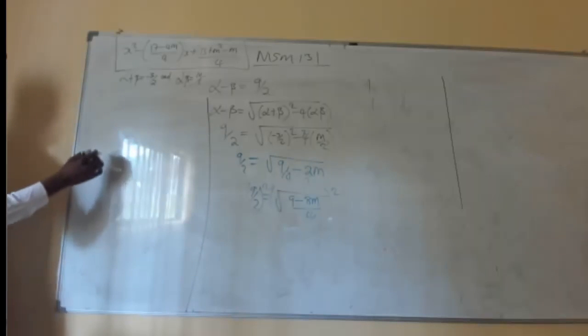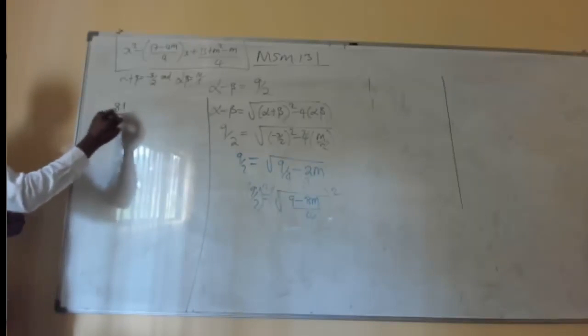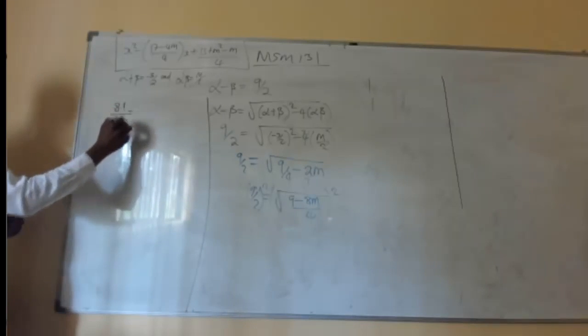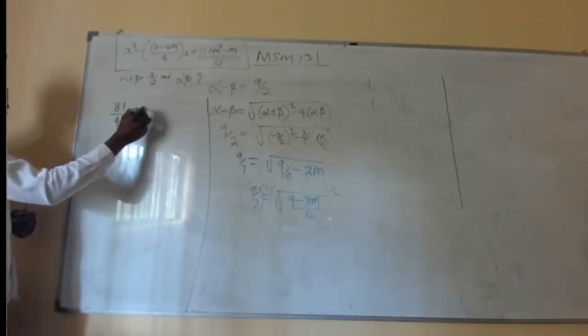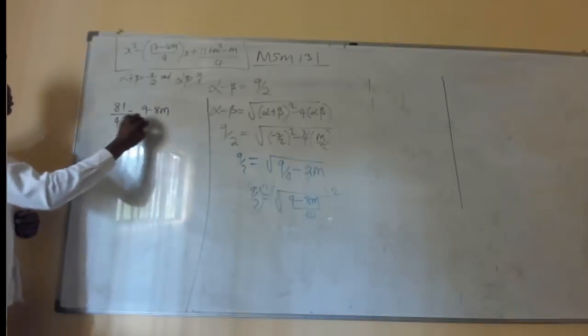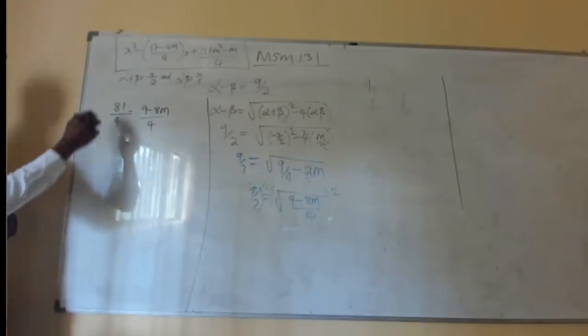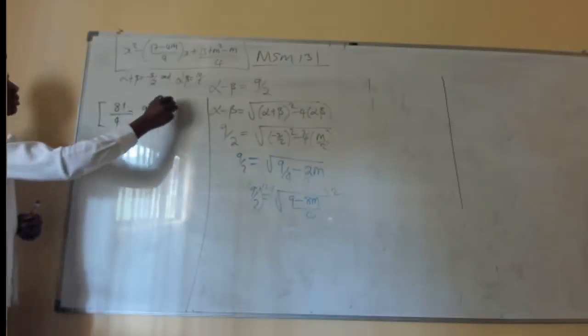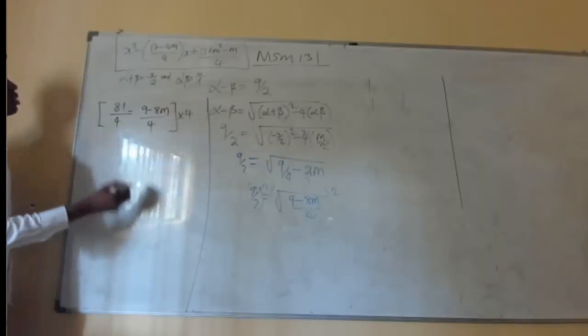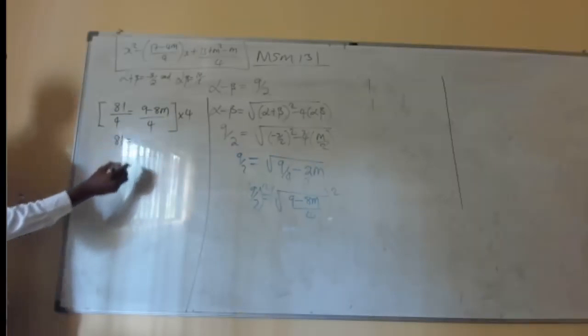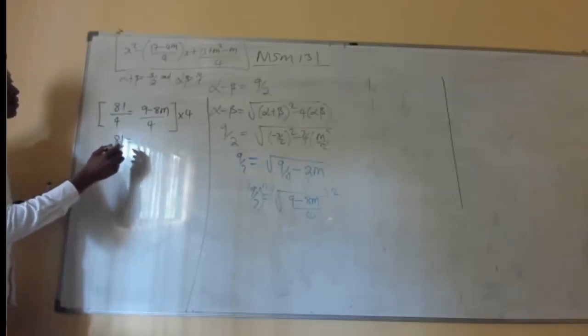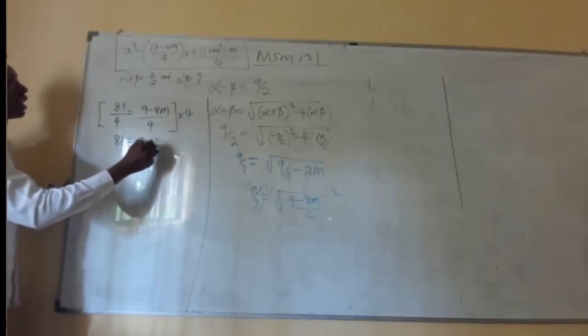Doing that, we now have 81 over 4 is equal to 9 minus 8m over 4. I want to get rid of the 4, so I'll multiply throughout by 4. We have 81 is equal to 9 minus 8m.